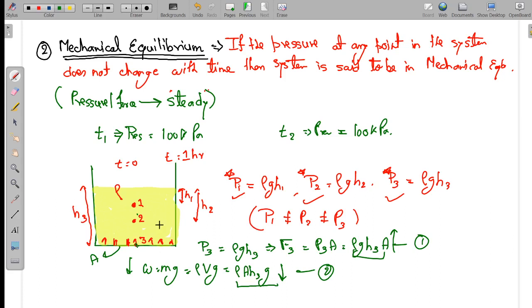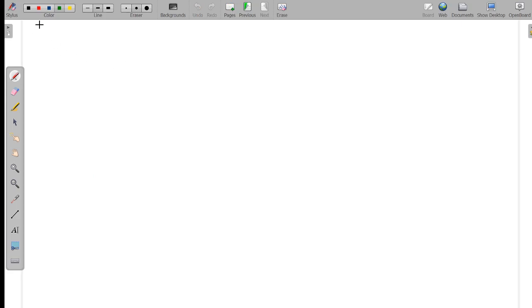Okay, so I hope you have now got an idea what mechanical equilibrium is. Then the third one is chemical equilibrium.